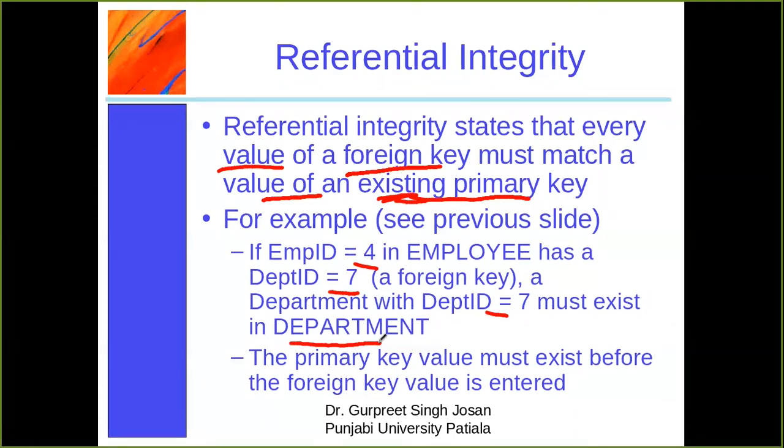So a primary key value must exist before a foreign key value is entered. This is called referential integrity, and your database management system enforces you to implement it. If you try to violate the referential integrity, your value will not be entered, and the DBMS will not allow you to enter the value in the table.